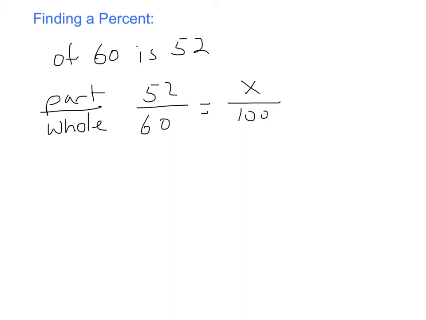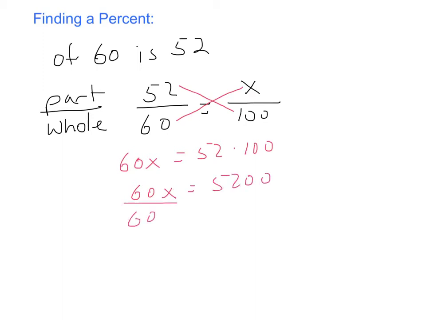So now I can use my cross products to solve for the percent. So 60 times x is 60x is equal to 52 times 100. So 60x is equal to 5200.